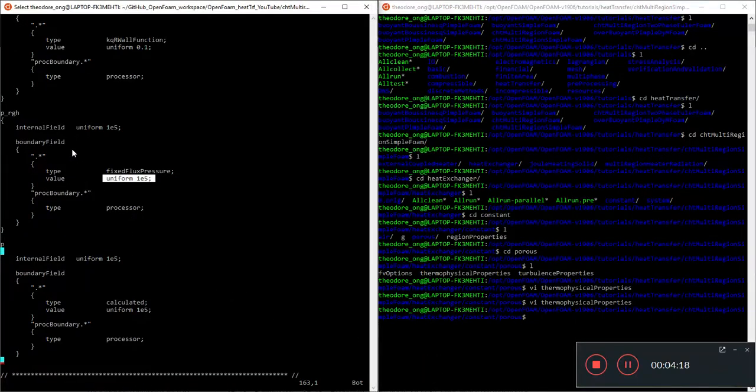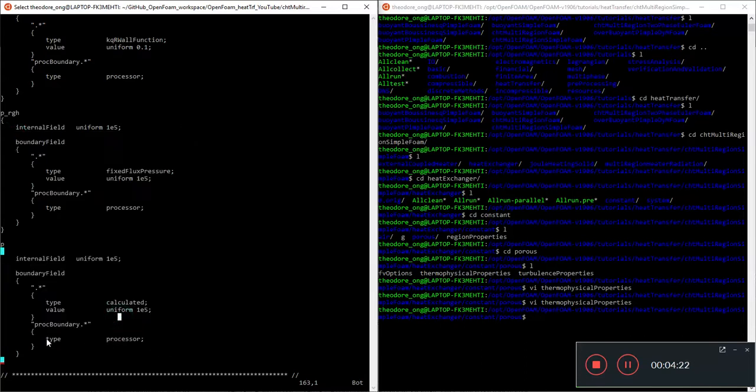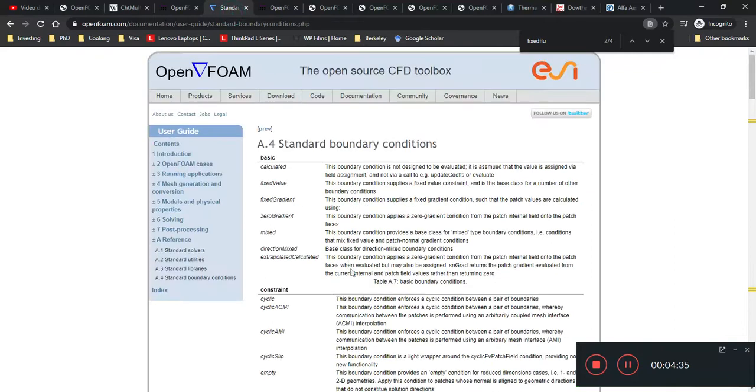Then why would we have to also define the pressure field? Well, technically you don't really have to define the pressure field. That's why you use the boundary condition type called calculated. What does calculated do? As it says here, this boundary condition is not designed to be evaluated. It is assumed that the value is assigned via field assignment and not via a call, and so on.